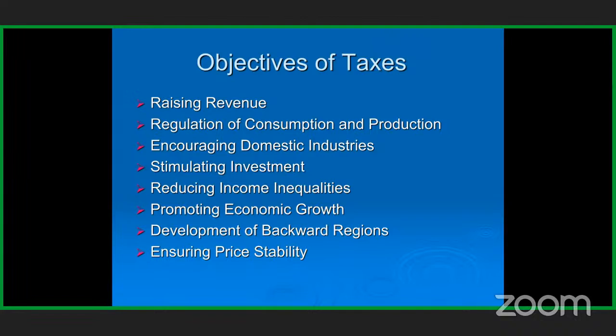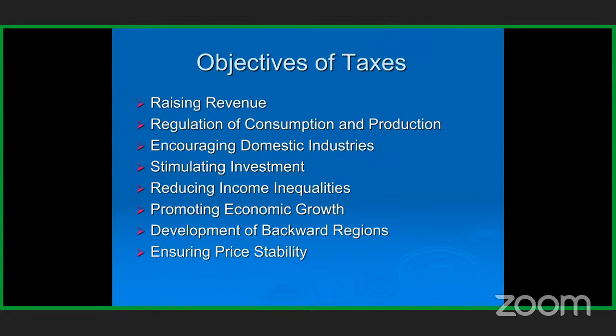The tax is imposed to regulate the consumption and production also, sometimes. By paying the tax, the disposable income of the consumer will be decreased. It has an effect on the consumption expenditure of the individual, and in the same manner on the production also.